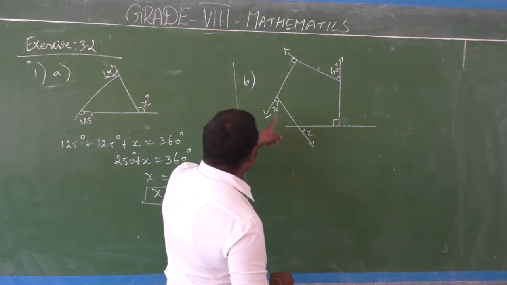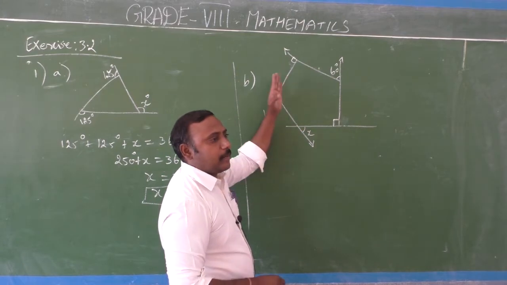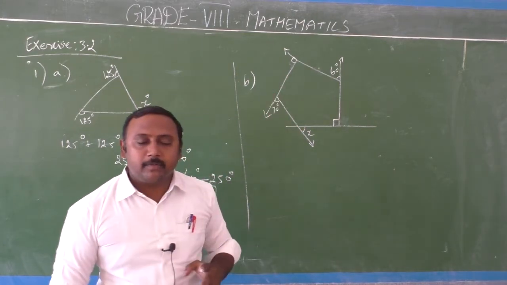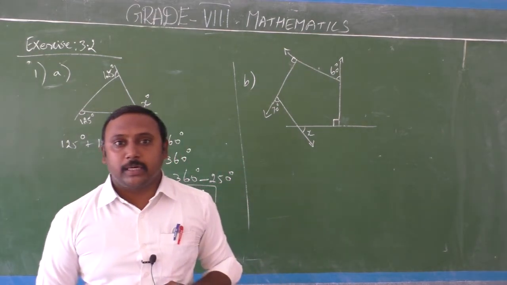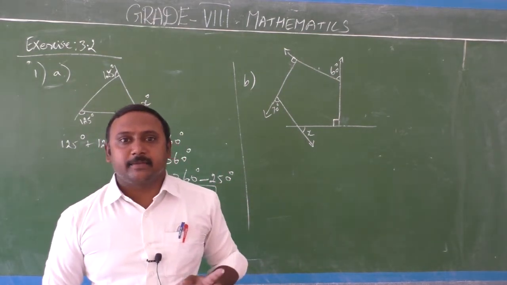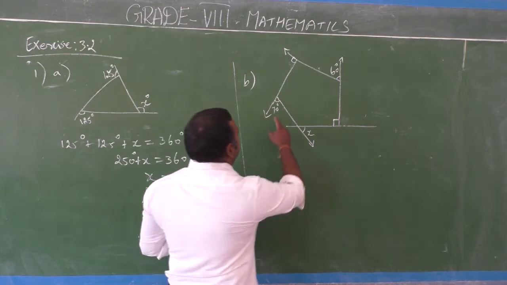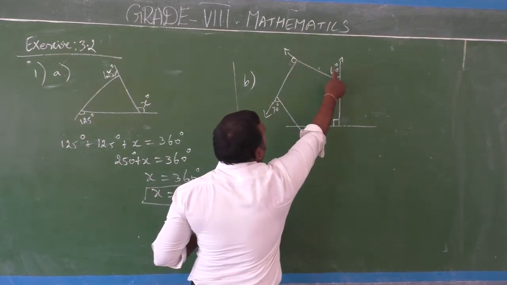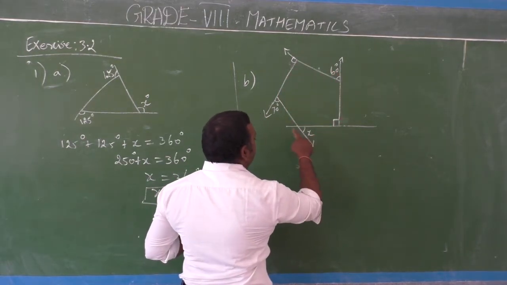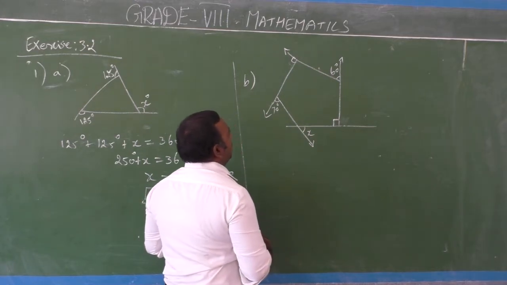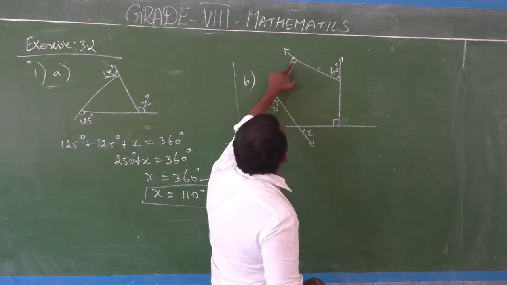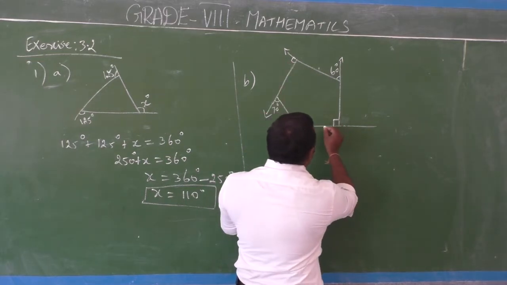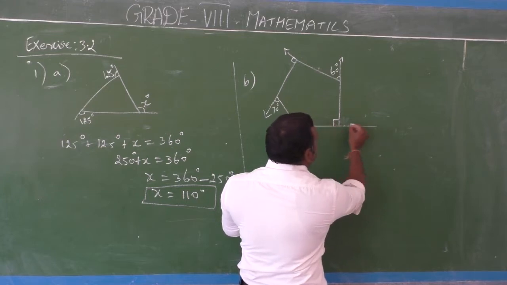Next one, this is also a polygon. A polygon is made up of only line segments. Here the sum of all exterior angles should be 360 degrees. Here it is given that this is 90 degrees, so the exterior angle is 90 degrees, but this is a straight line.